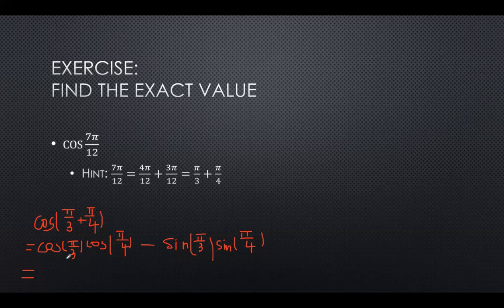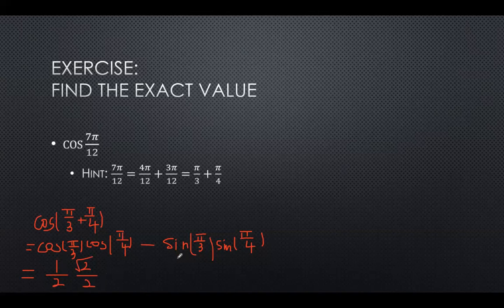Okay. So cosine of pi over 3 is 1/2, and cosine of pi over 4 is square root of 2 over 2.